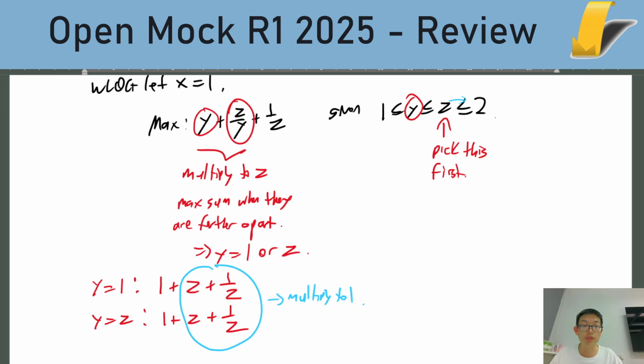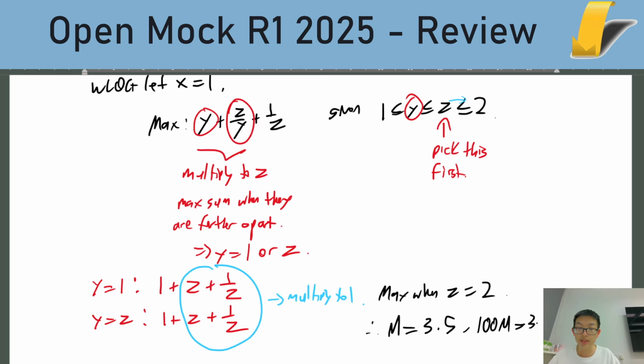Because that will make them get the maximum sum as opposed to when I push it to 1. Then of course 1 plus 1 over 1 is 2. That's the minimum by AM-GM. Okay, and so therefore your M is 3.5 and your answer is 350.